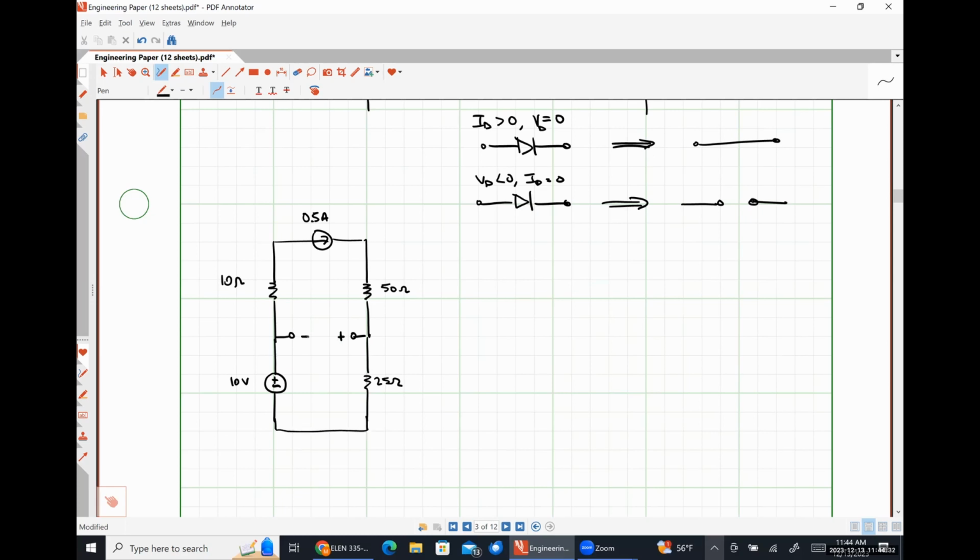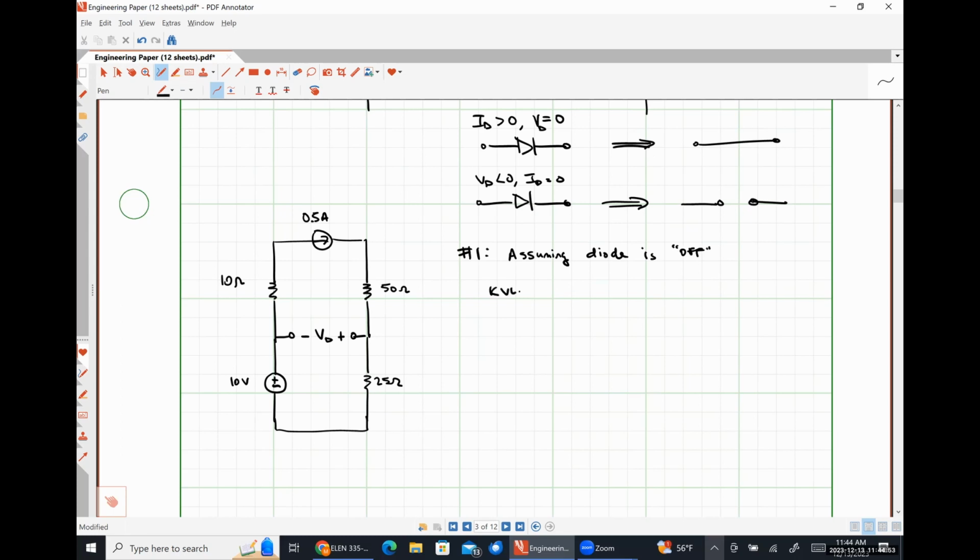So this would be our diode voltage VD, like so. I'm going to put number 1 here, assuming the diode is off.